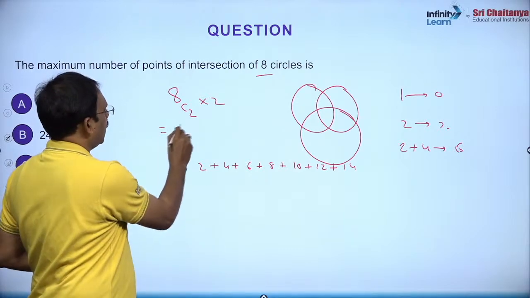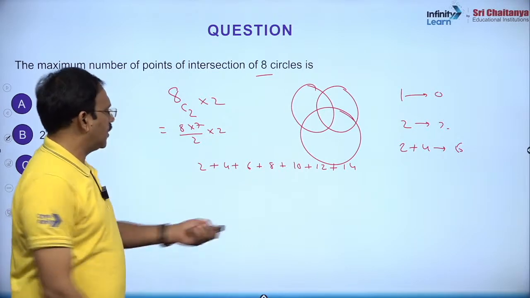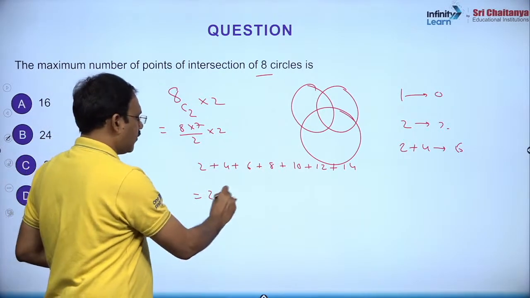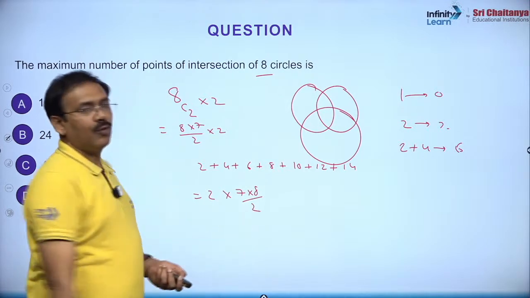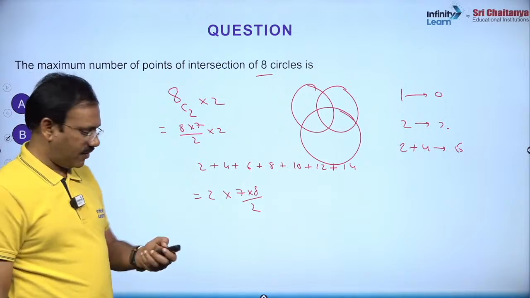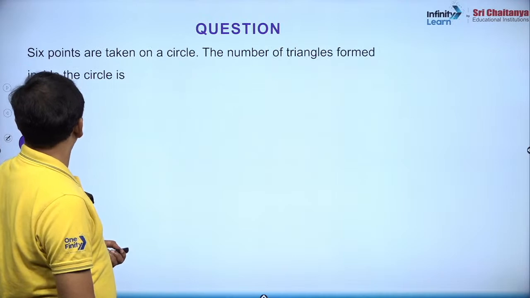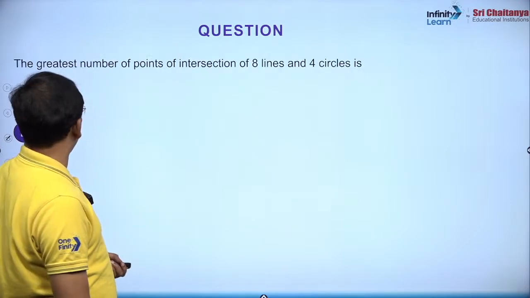This is going to be 8 into 7 by 2 into 2, my dear friends. Here also you can take 2 common, 1 to 7, sum of first 7 natural numbers, n into n plus 1 by 2. Both will give the same answer, dear friends. So geometric applications are simple. These points are already covered.